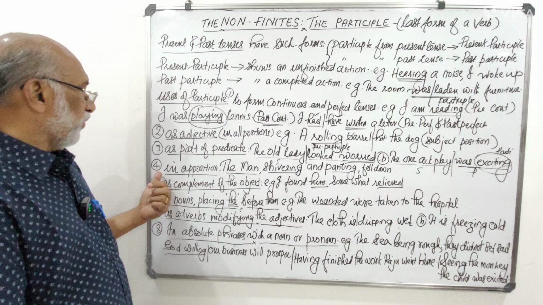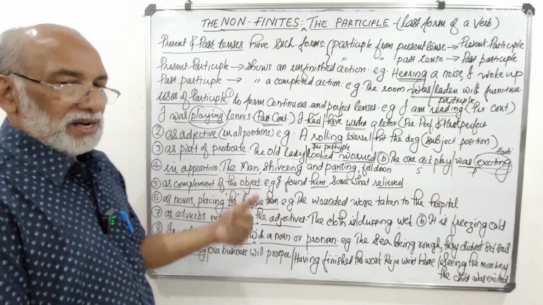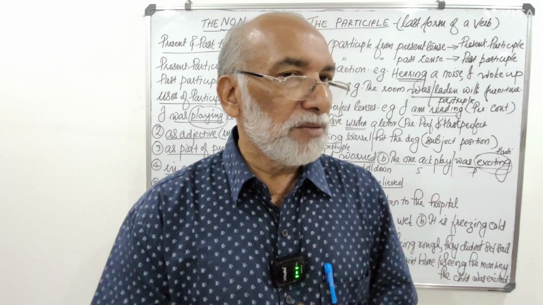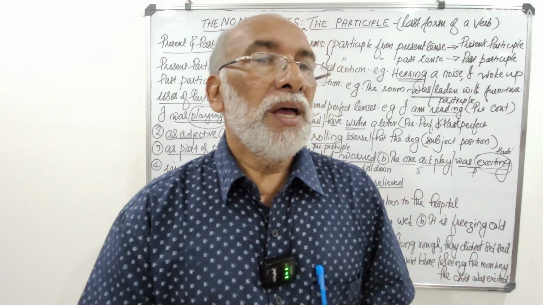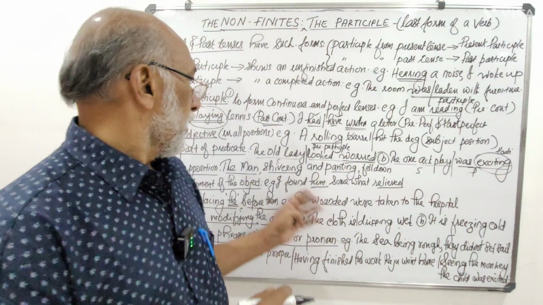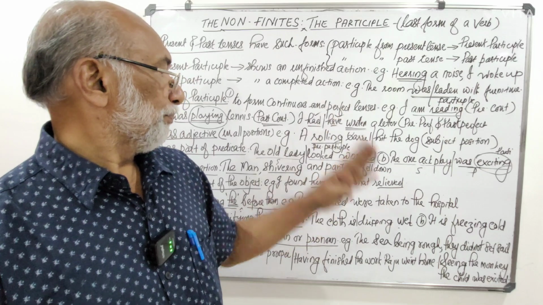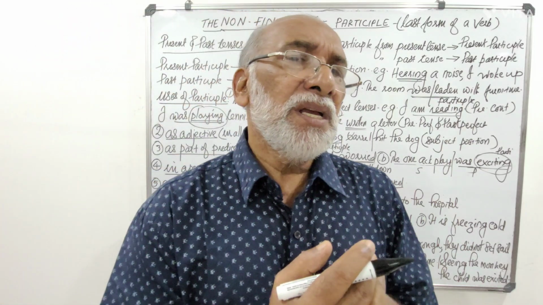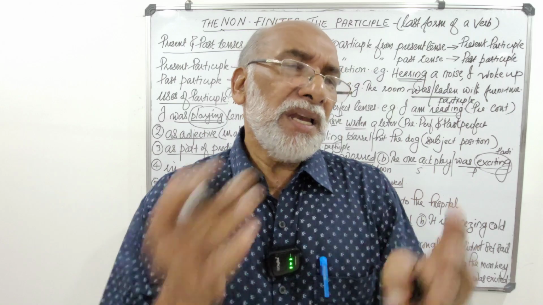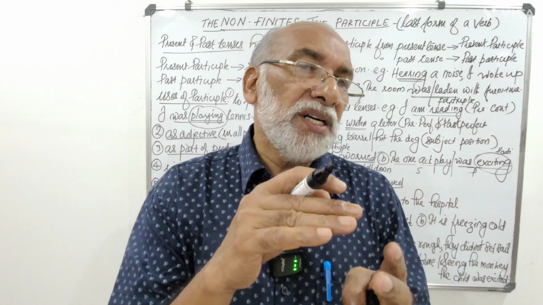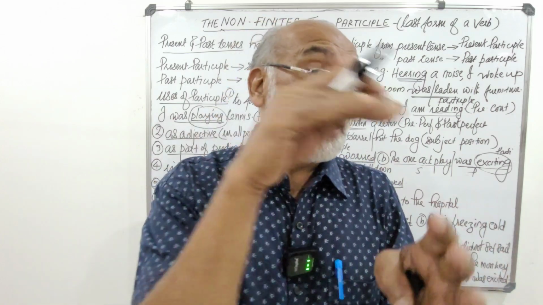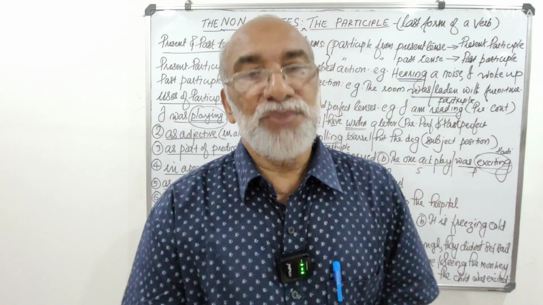And coming to the fourth one, in apposition. I think this term is familiar to you. I have already explained it in my previous video on the infinitives. Here, in apposition means a word or a phrase used as an explanation to another word in the same sentence.